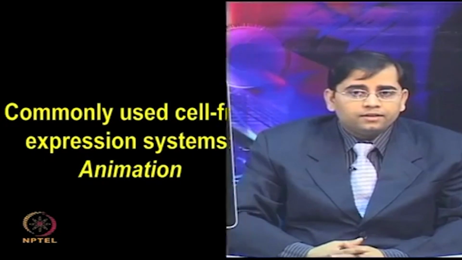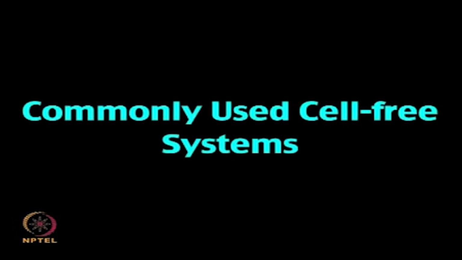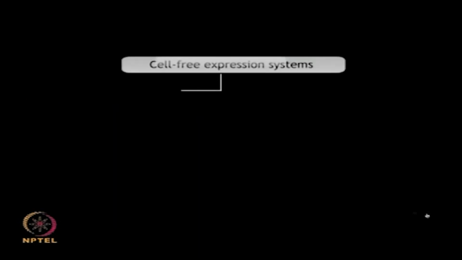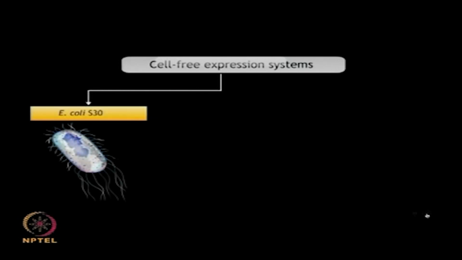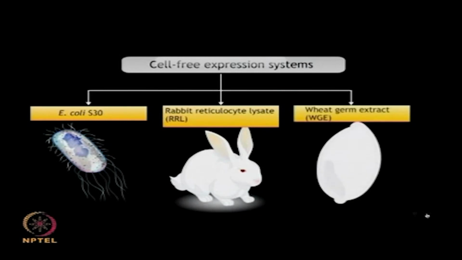So, let us discuss the commonly used cell free expression systems. The commonly used cell free expression systems include E. coli S30, rabbit reticulocyte lysate or RRL, and wheat germ extract WGE.